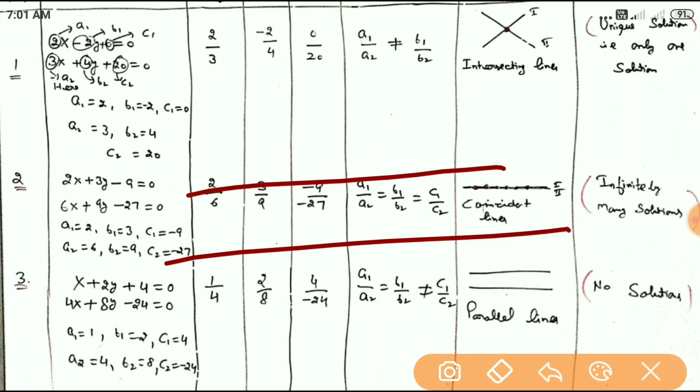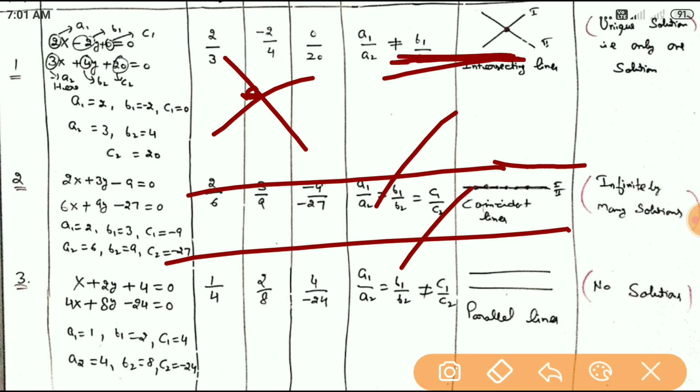If these two lines are parallel, then in this case there is not any common point. In the first case there is one common point, in the second case so many common points, but in the case of parallel lines there is not any common point. If there is not any common point, then it has no solution.